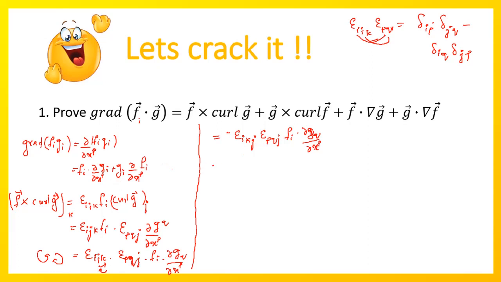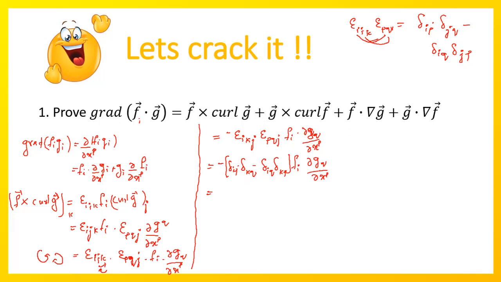Now, this can be expanded using this relation, and I can write it as minus of delta IP into delta KQ minus delta IQ into delta KP into fi ∂gQ divided by ∂xp.